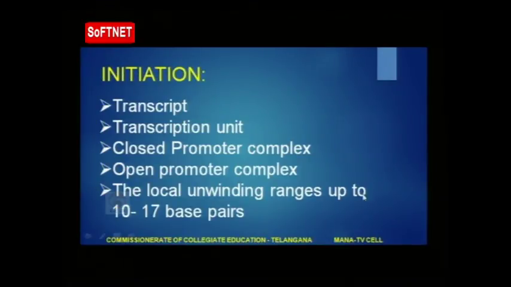The transcription unit is a specific region having three components: a promoter, an RNA coding region, and a terminator sequence. This transcription unit essentially has three elements.